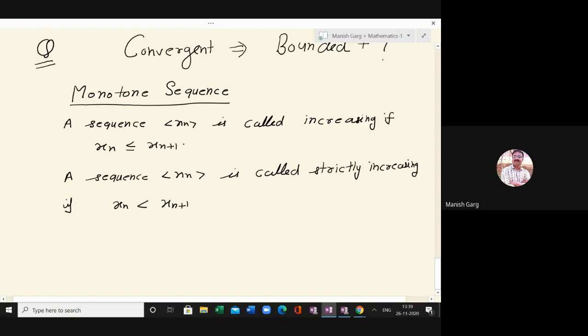It means two consecutive terms are not equal. Similarly, a sequence xn is called decreasing if xn is greater than or equal to xn plus 1.